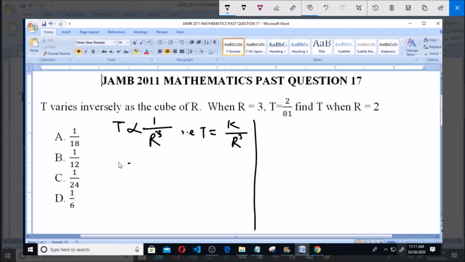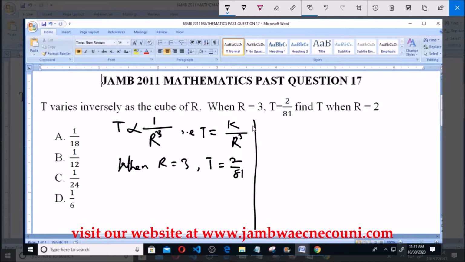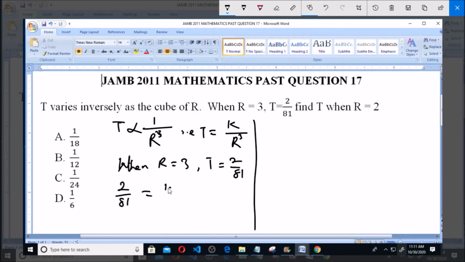Now, when R equals 3 and T equals 2 over 81, we're trying to establish the equation connecting T and R. So T, 2 over 81, is equal to K all over R cube, that is 3 cube, and 2 over 81 is equal to K all over 27. 27 is 3 cube.